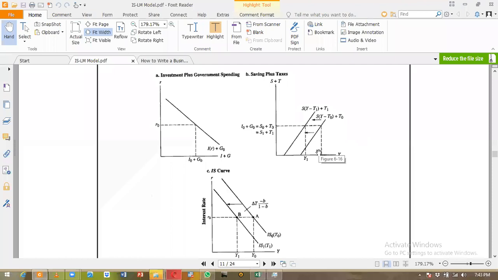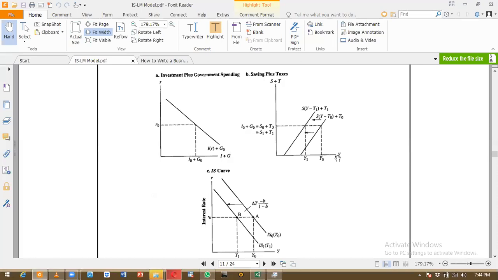Okay, assuming there's a change in tax. Now, this was the initial injection schedule. We are not drawing a new curve because there's no change in investment. There's no change in government expenditure, and then this was our leakages curve, savings and then tax.